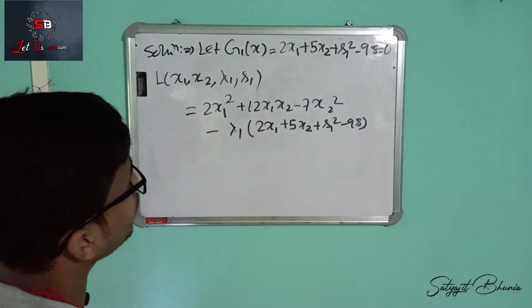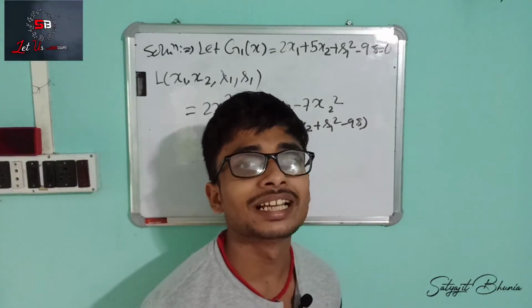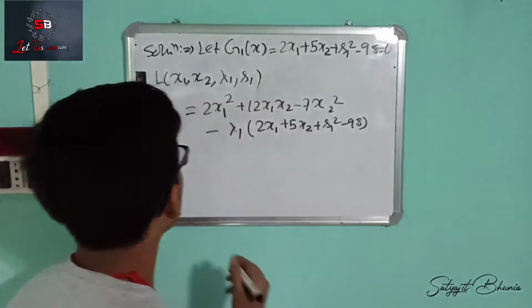So what is the first condition? The first condition is del L del xi is equal to 0.